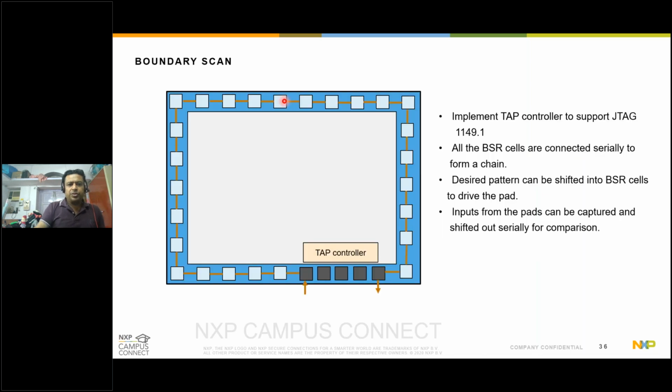Okay, so this is the view of your SoC with all the BSR cells inserted. Each of these light blue rectangular blocks here indicates a chip pad with a BSR cell inserted. Apart from this BSR cell insertion, you also need to implement a TAP controller, which will implement your JTAG 1149.1 standard.